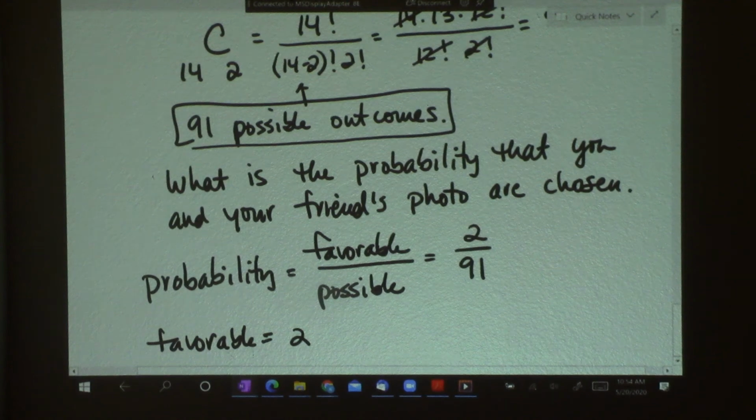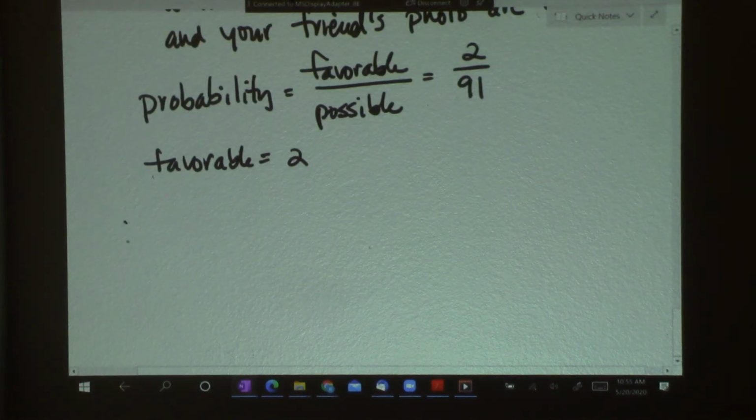Okay, I'm going to give you another one, and I'm going to read it to you, and then we will write down the important information. You sing in a chorus after school. The director will choose at random 2 songs out of 5 for the chorus to learn to sing. You can use combinations to help find the probability that the director will choose your 2 favorite songs.